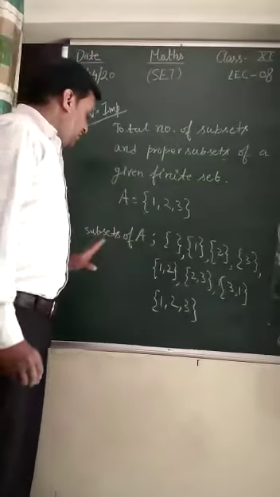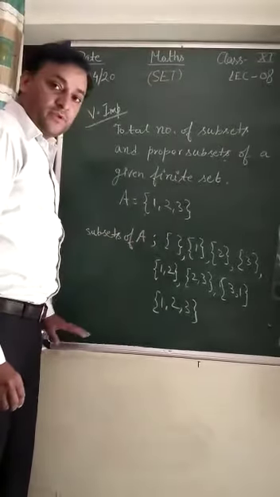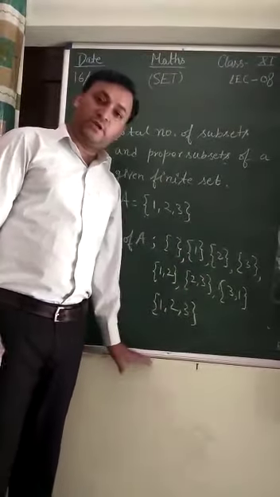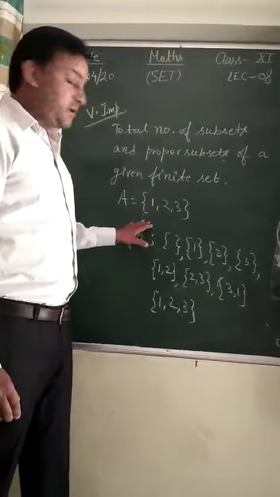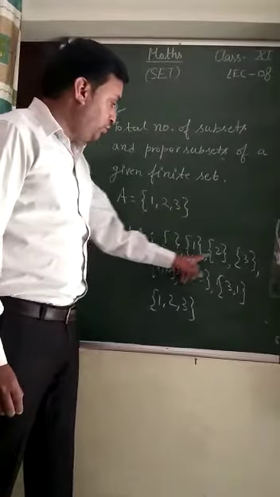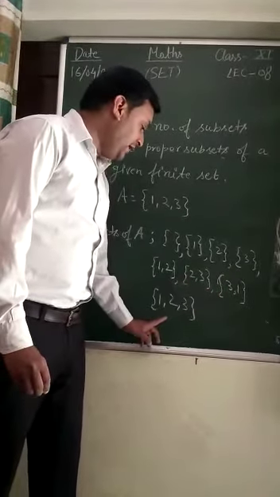So students, these are all the subsets of A: the empty set and all these sets. How many total subsets does this set containing 3 different elements have? 1, 2, 3, 4, 5, 6, 7 and 8.